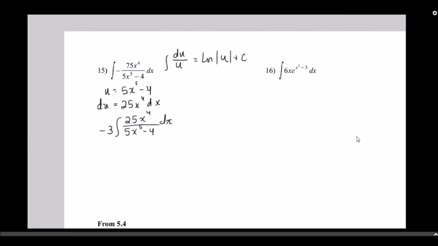So I can rewrite this as -3 times the integral of du over u, which is -3 times the natural log of the absolute value of 5x to the fifth minus 4 plus c.